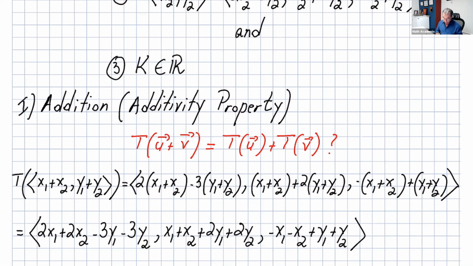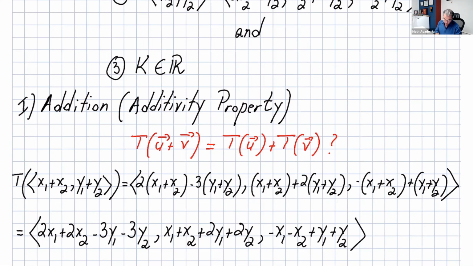If you do that, you get those three components. It's 2 times (x1 plus x2) minus 3 times (y1 plus y2). The second component is (x1 plus x2) plus 2 times (y1 plus y2). And the third component is negative (x1 plus x2) plus (y1 plus y2).